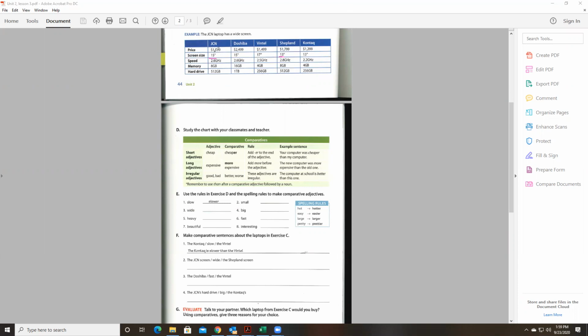So obviously the JCN screen is wider than the Shepland screen, right? So you're going to want to write that. The JCN screen is wider than the Shepland screen.